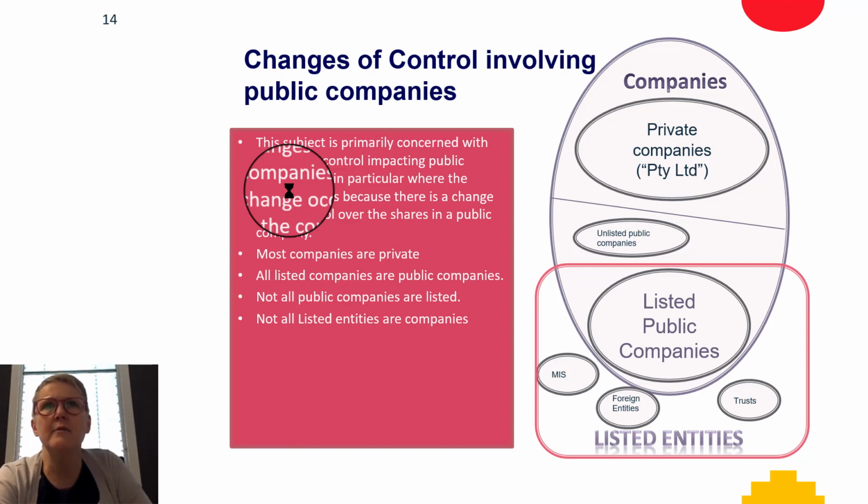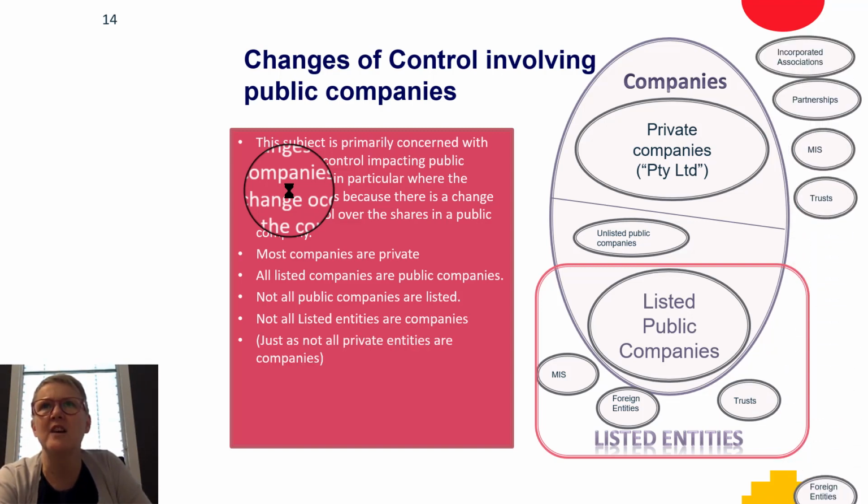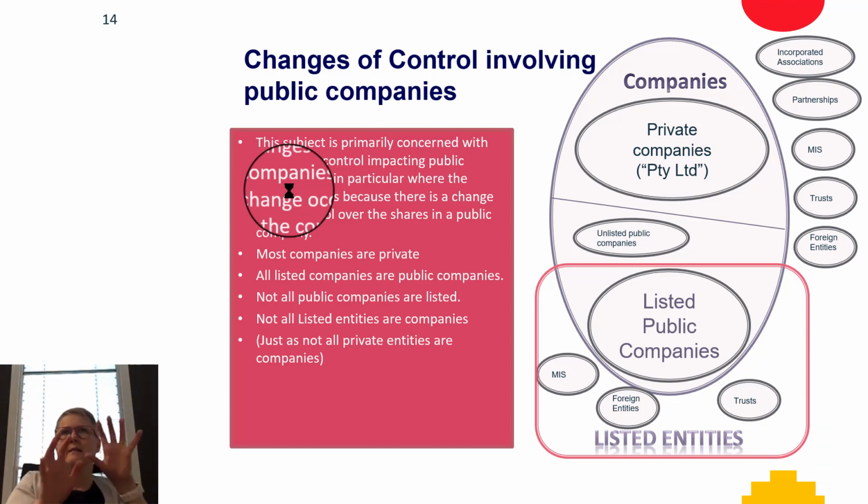And then we have, of course, a whole lot of other types of non-company entities that fall outside companies and are not listed entities. Again, unlisted MIS, unlisted trusts, foreign entities that are not listed, and unincorporated associations and partnerships. These rules are completely outside of that regime.